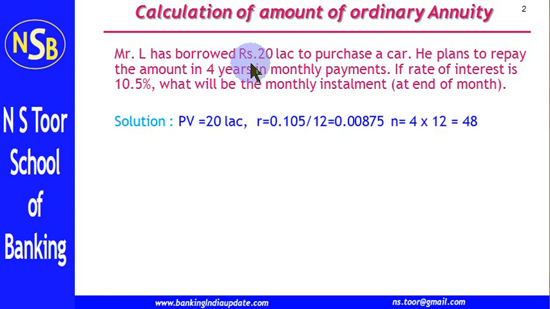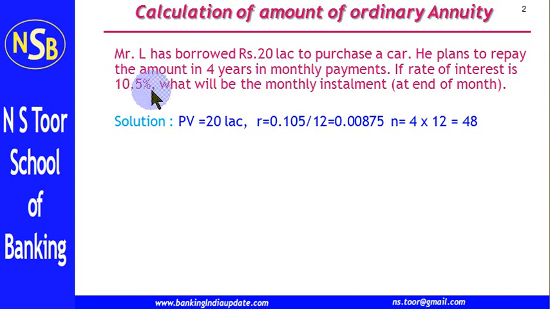First, let us note down what information is provided to us. The present value is given, 20 lakh. So the amount of loan raised now is the present value. The rate of interest is 10.5%, but it is an annual interest and payment is to be made on a monthly basis.